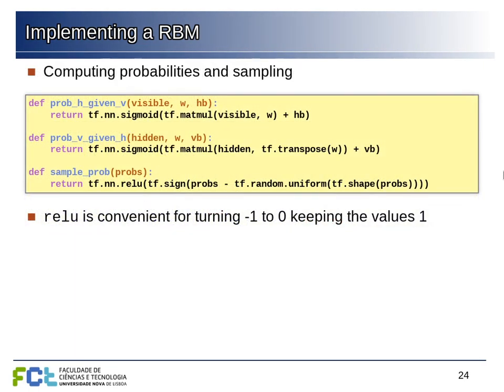Now what we need is to compute the probability of a hidden variable being 1 given an example, an image of MNIST, so a vector of the observed values. And this would be the sigmoid applied to the product of the weights matrix multiplied by the vector of observed variables, plus the bias for the hidden variable.